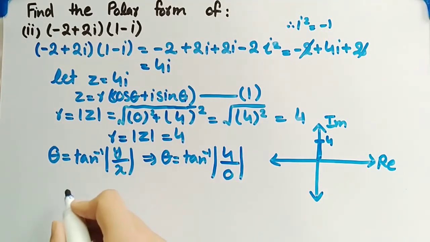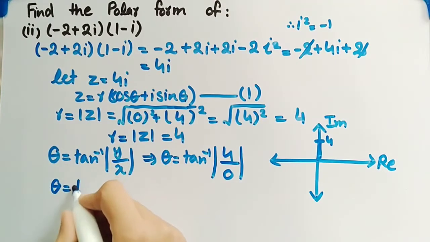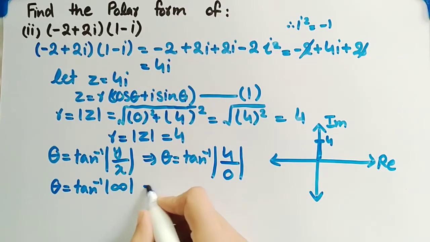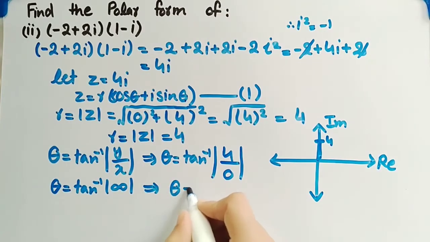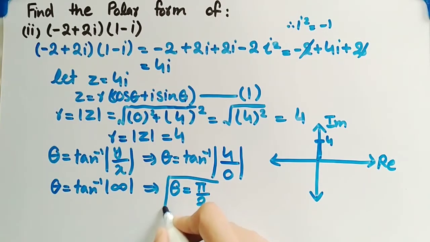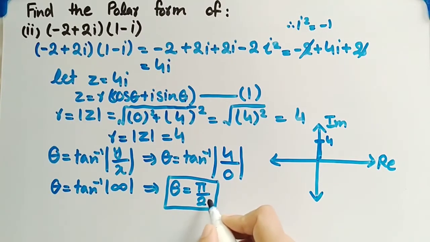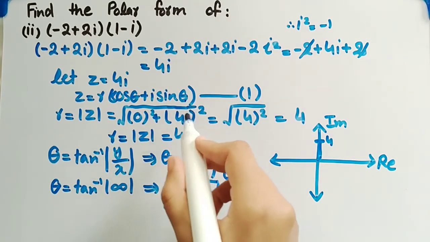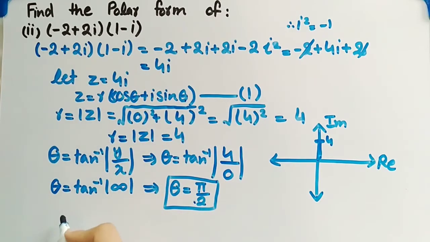And we get theta equal to tangent inverse infinity, which implies theta is equal to pi by 2. So the value of principal argument theta is equal to pi by 2. Now we will substitute the value of theta and r in equation 1 to get the polar form of the complex number z is equal to 4 iota.